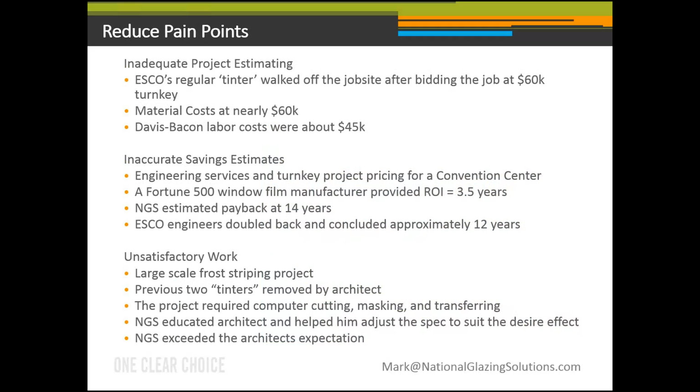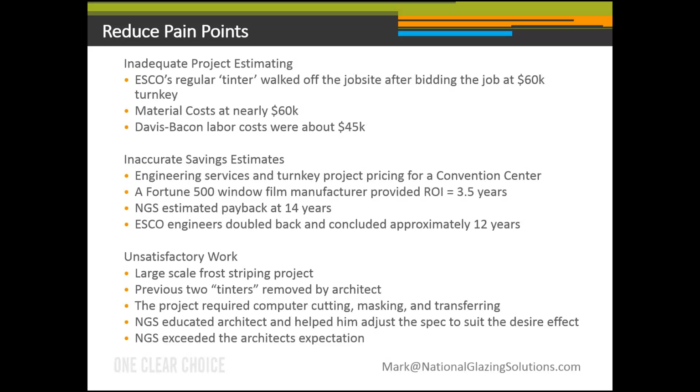And how can we illustrate our value and our way of doing business with ESCOs? The first example of what could go wrong is NGS was called in to see if we could help out because the ESCO had a local window tinter walk the site and walk off the job site. Our review put the specified product costs at $60,000.